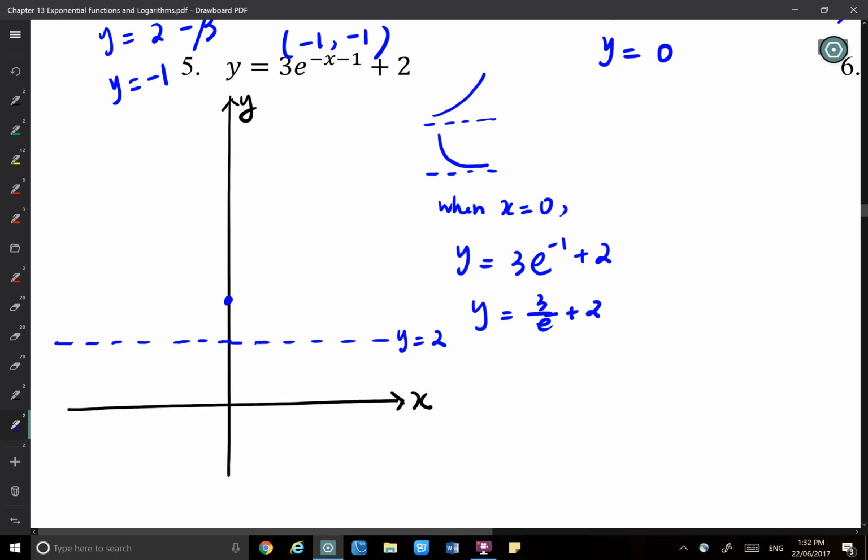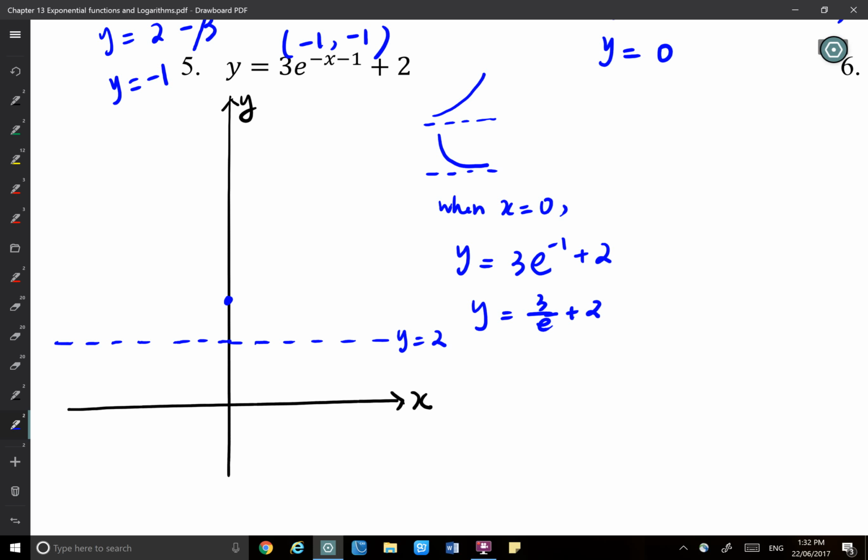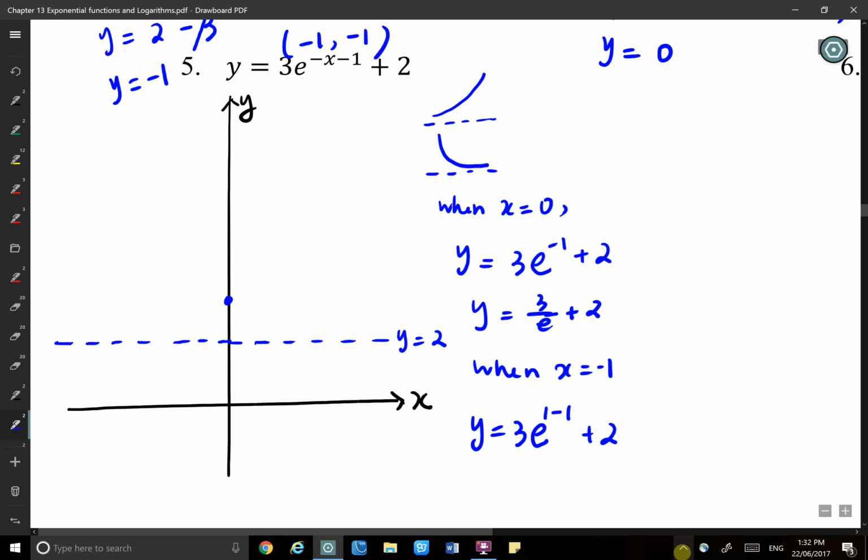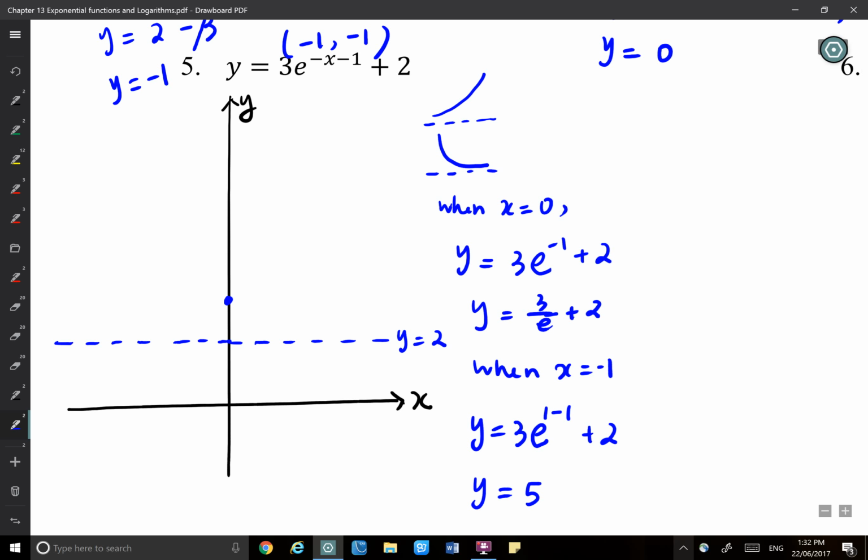And now I need to put in another value because there's no x-intercept. If I'm trying to sub in another value, okay, I will sub in negative 1. Let's see why I substitute negative 1. So when x equals minus 1, y will be 3e to the power of (minus 1 minus 1)... that is, the exponent becomes 0. So that term becomes a 1. So y equals 5. Substituting negative 1 will be easy.